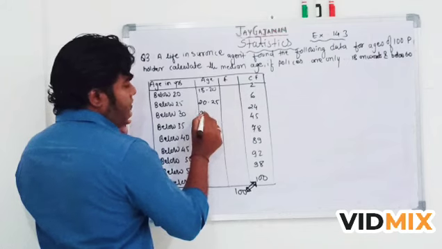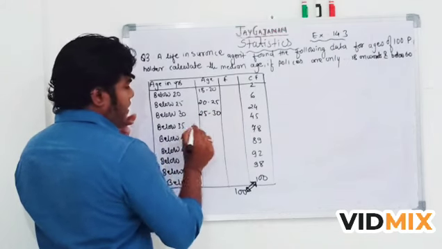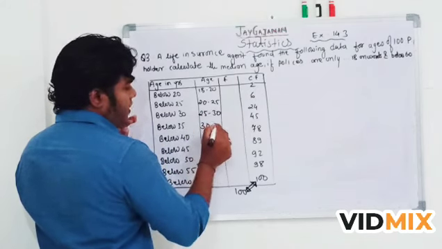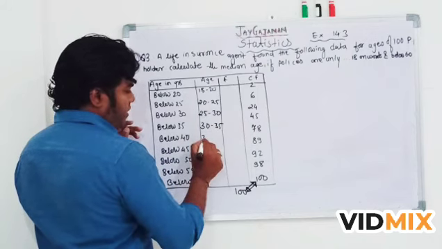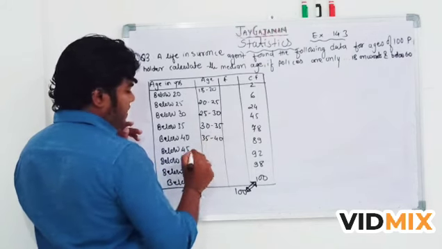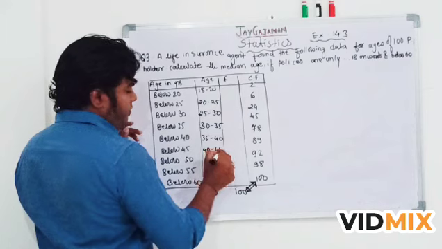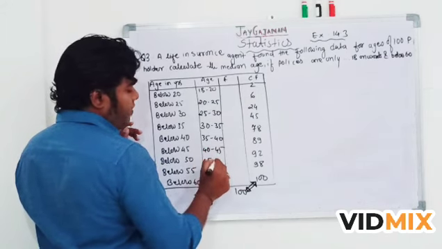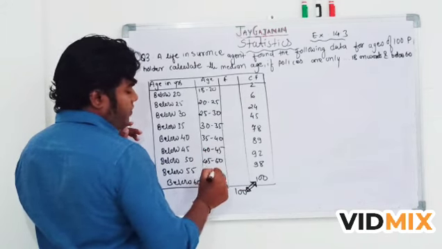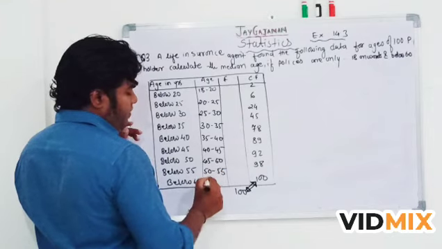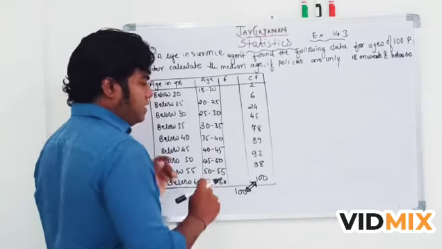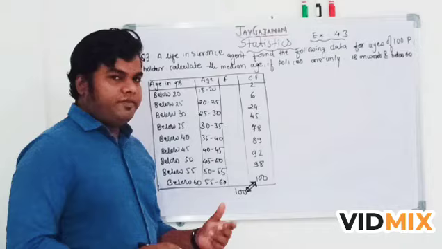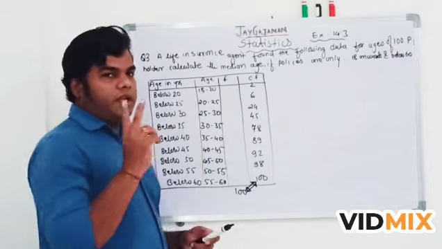Then 25 to 30. Then 30 to 35. And 35 to 40. 40 to 45. 45 to 50. 50 to 55 and 55 to 60, correct? These all have differences of 5, and this one has a difference of only 2.